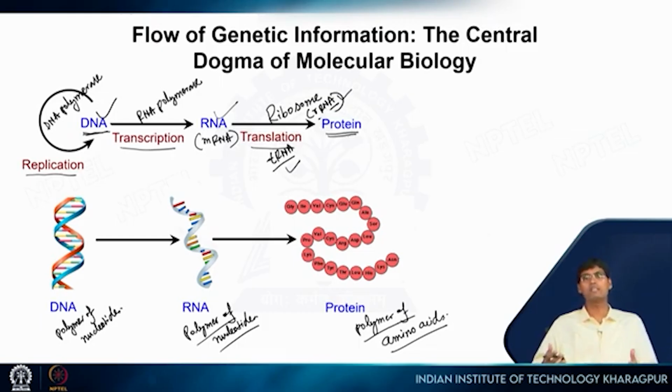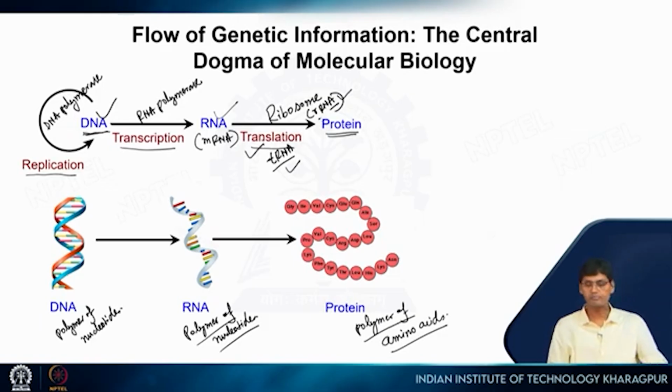For example, say I am going to France, but I don't know the French language, then what do I need? I need a translator. That person will help me to translate the language. So similarly here, at the end, the protein we are getting is not made up of nucleotides. The language has been completely changed. This is a polymer of amino acids, and that's why this is called translation.